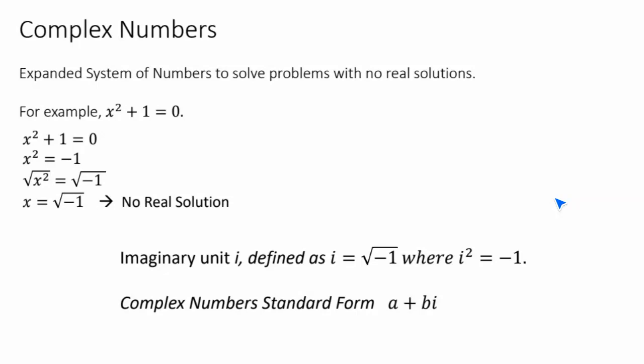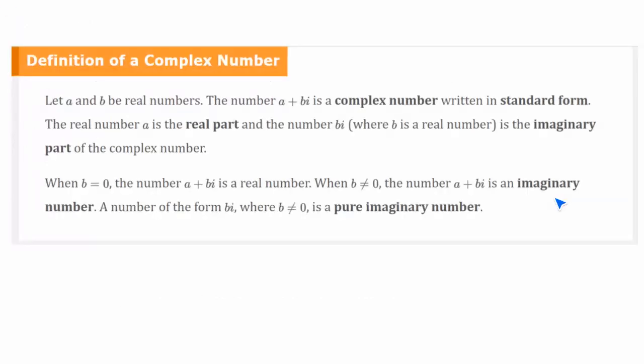So i is considered a complex number, and we will be dealing with complex numbers in standard form. What standard form means is that it's going to be a number composed of a real part and an imaginary part. So our complex number in standard form, the general equation, is given by a plus bi, where a is the real part and bi is the imaginary part. Let's look at the formal definition of a complex number.